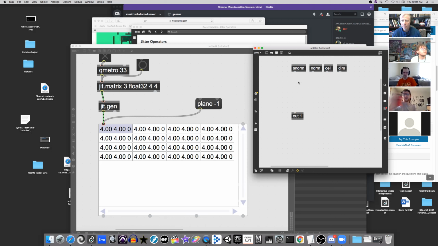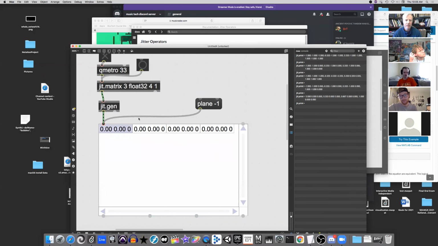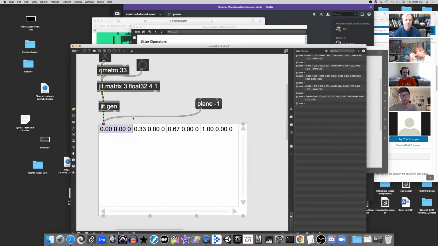So if I have this norm, which is going between 0 and 1 across the x, I have to plug it in to make it do anything. So now we've got 0, 0.3, 0.67, and 1.